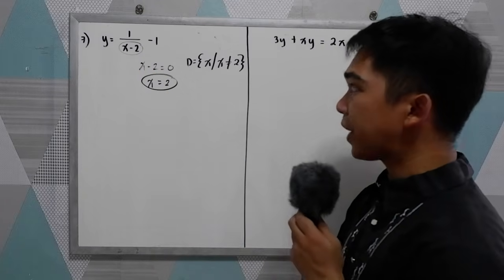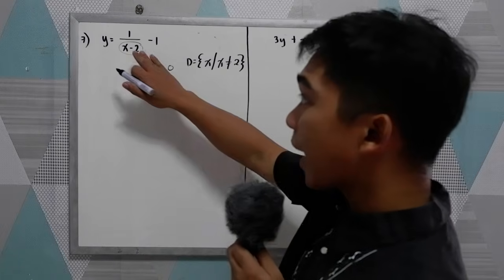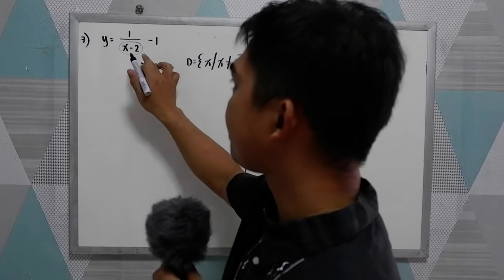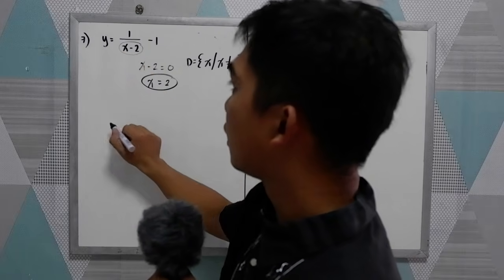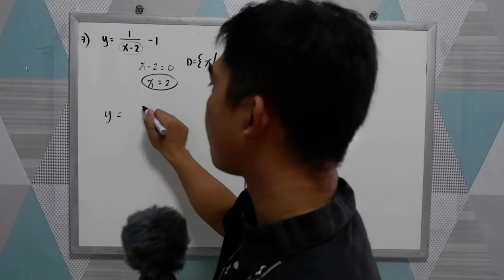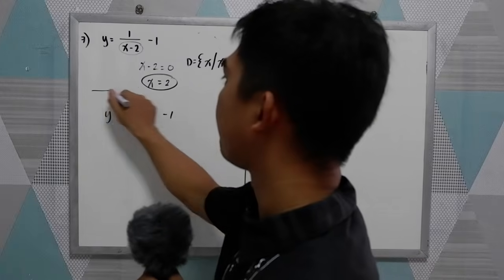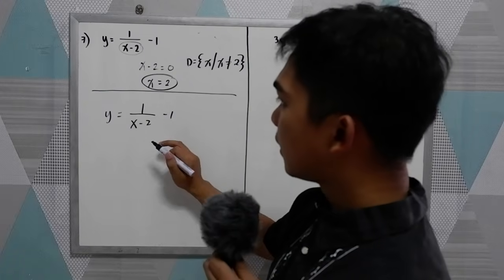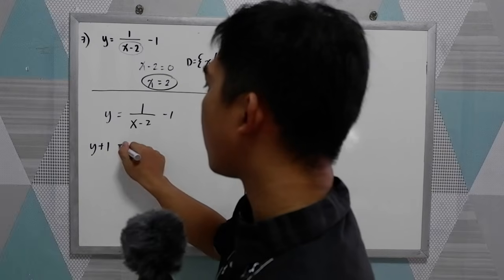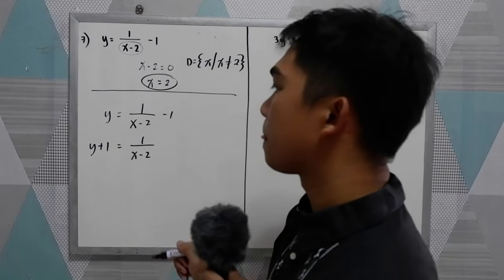And now, to find the range, solve for x in our equation. So our original equation is y is equal to 1 over x minus 2, minus 1. So y plus 1 is equal to 1 over x minus 2.